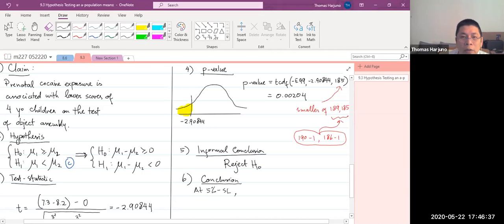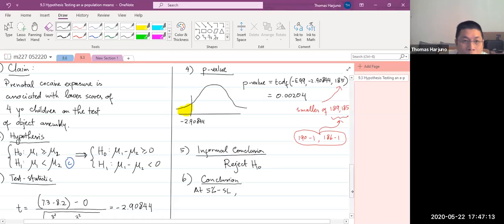Actually, if you think about this, you will still reject the null hypothesis even if the significance level is at 0.5%. This is 5%, right? Which is the custom. But even at 0.5% significance level, you still reject the null hypothesis. So we get a very, very significant difference.